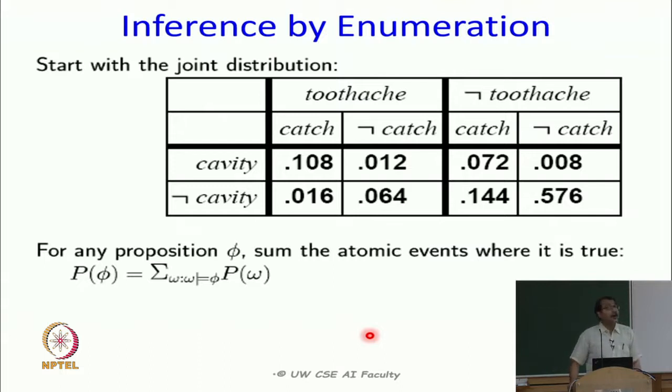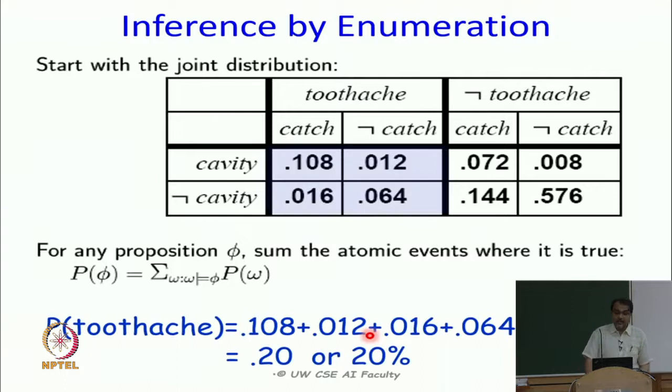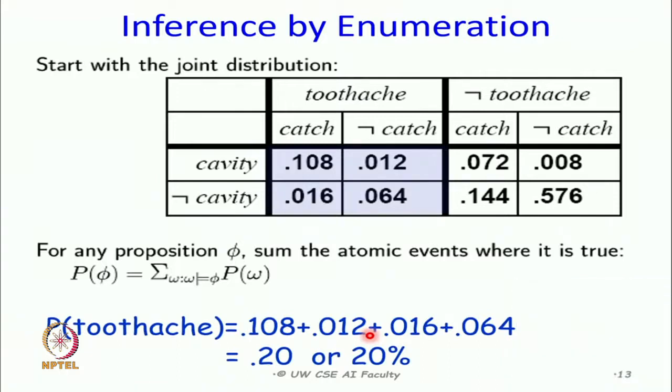You are going to sum, and how many values are you going to sum? 4 values, right? Which 4 values? The left column, right? Left set. So, you are going to sum all these 4 values because toothache can happen with catch cavity, catch not cavity, not catch cavity, not catch not cavity. These are exhaustive, these need to be added for you to get the probability of toothache.